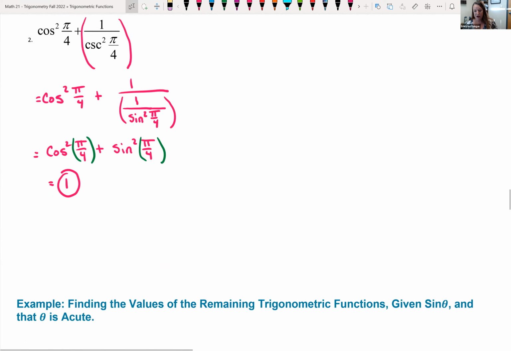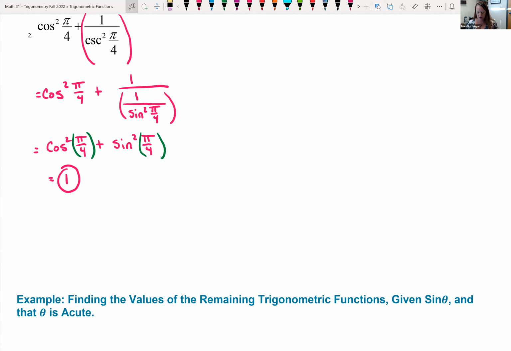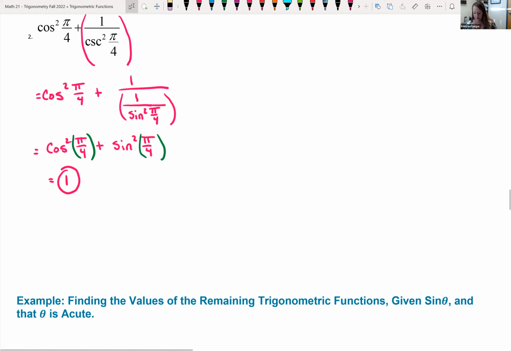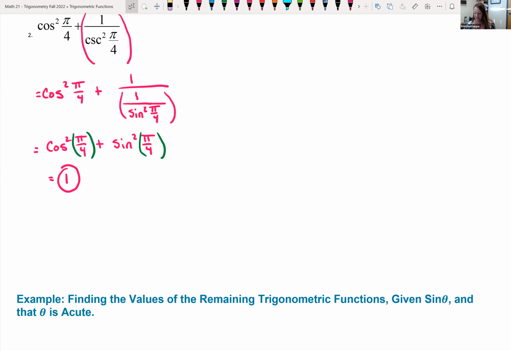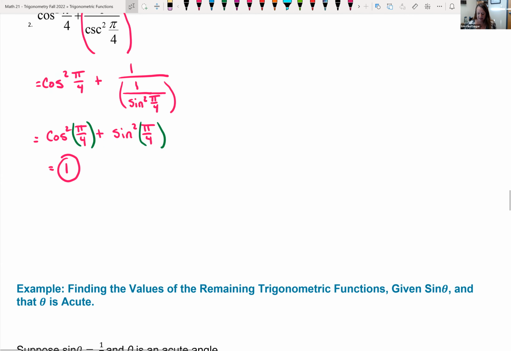So there's a couple ways that we can approach some of these problems. We can use those Pythagorean identities to help us, or we can use the ratios, the sides of the triangles to help us. So finding the values of the remaining trigonometric functions given sine theta, and that theta is an acute angle.